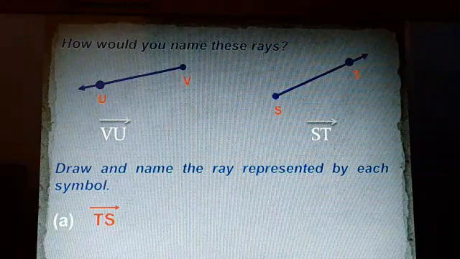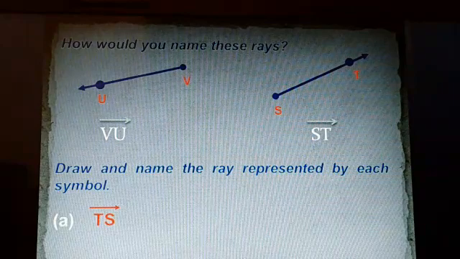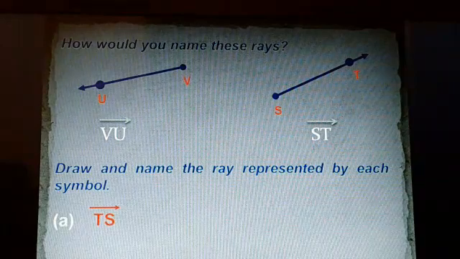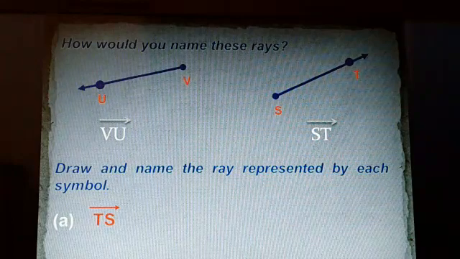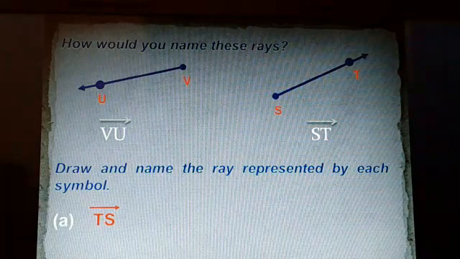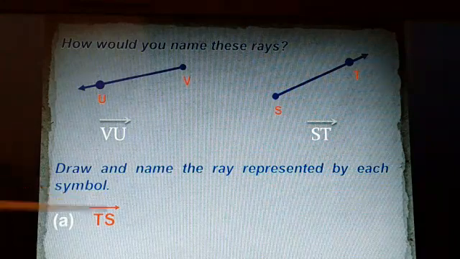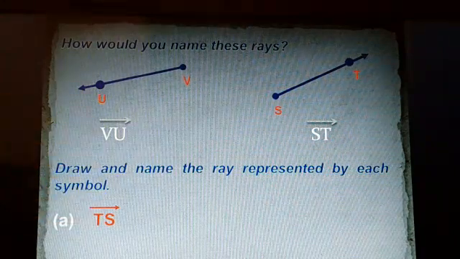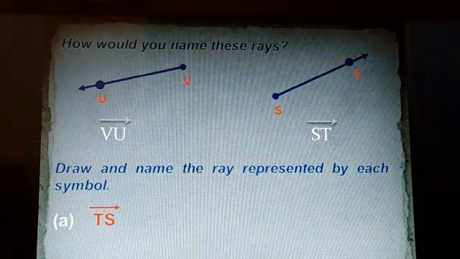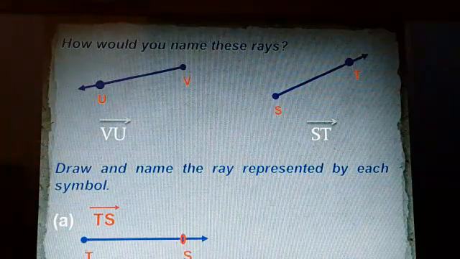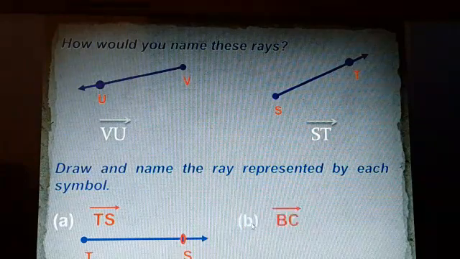What is the name of the ray? TS. So ask yourself again the question, which letter is the end point? The T is the letter on the end point. Which letter comes with the arrowhead? S. So how will you draw it? Like this.